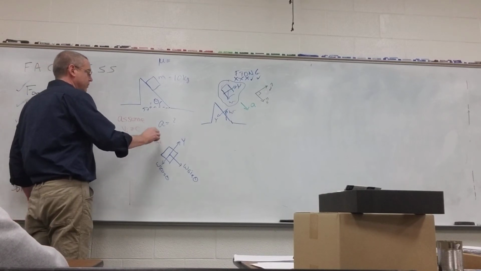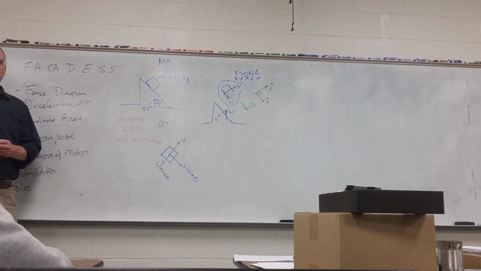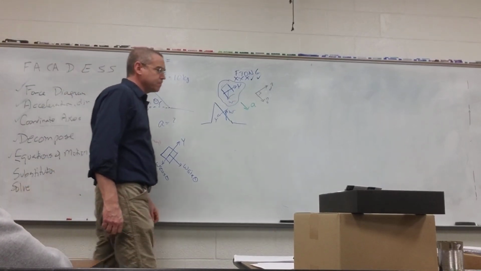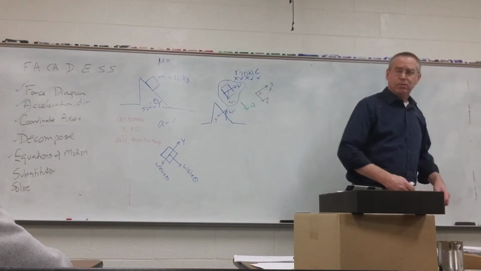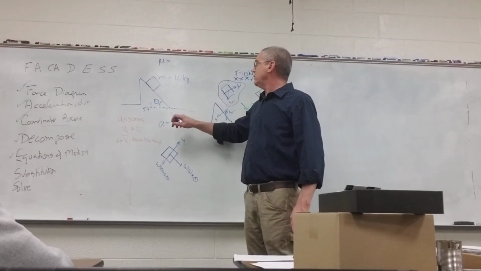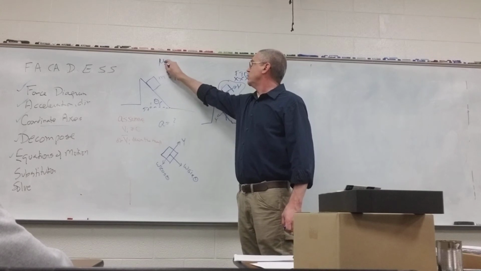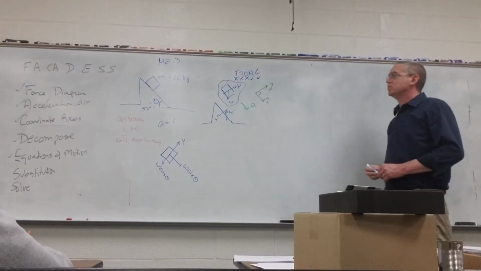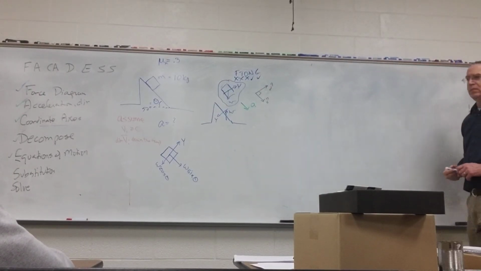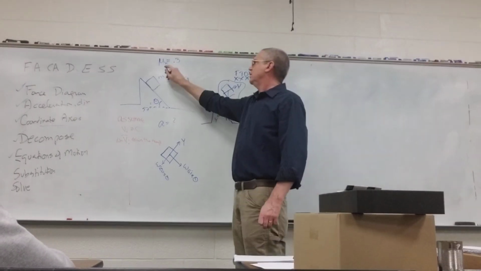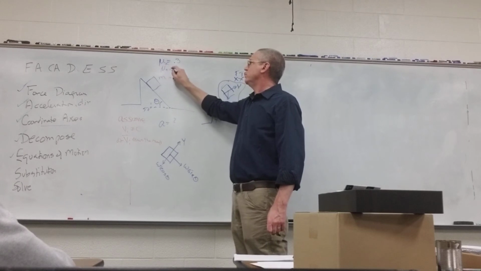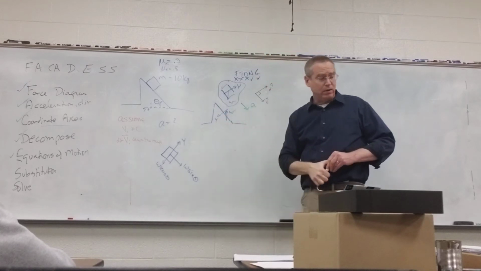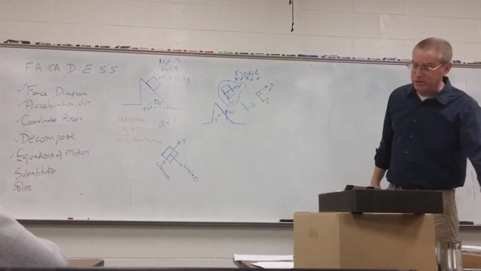In other words, let's not worry about the static piece right now. Let's assume that it's already moving down the ramp, and I want to know what the acceleration is. Since we're introducing friction now, we do need mu sub k, which we will make 0.3. And let's make mu sub s equal to 0.8. But since it's already moving, I really don't care what mu sub s is right now. That'll come in the next variation of this.